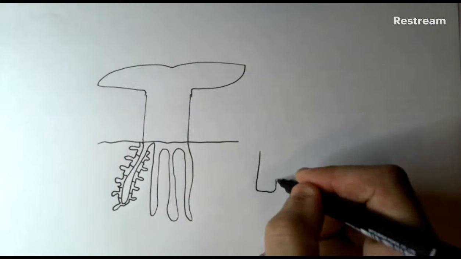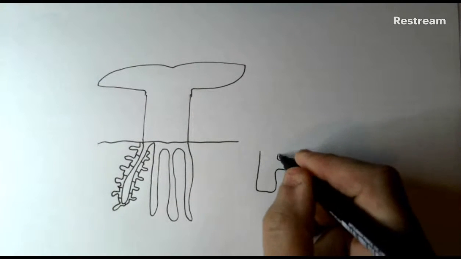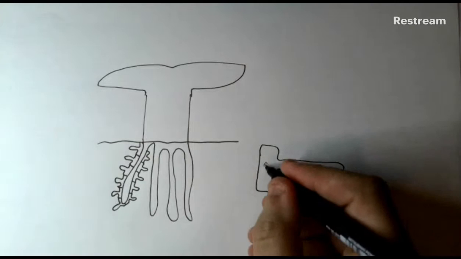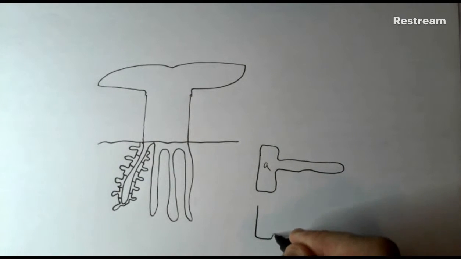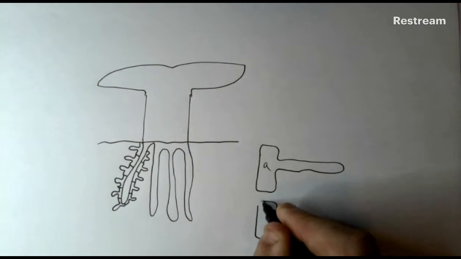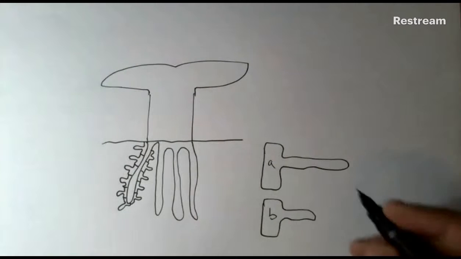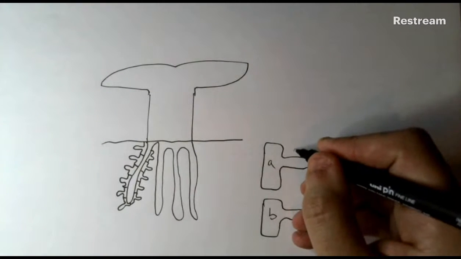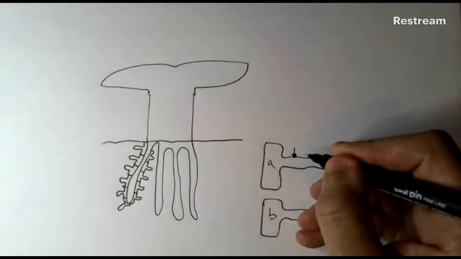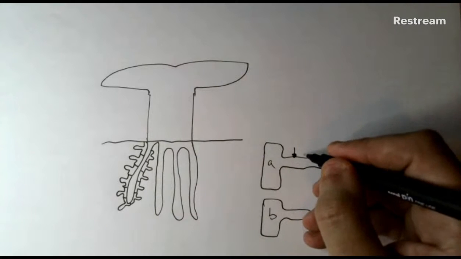So what I'm drawing here are two root hair cells, root hair cell A and root hair cell B. Now, root hair cells absorb water, okay? And also mineral ions are transported across their membrane and the wall.